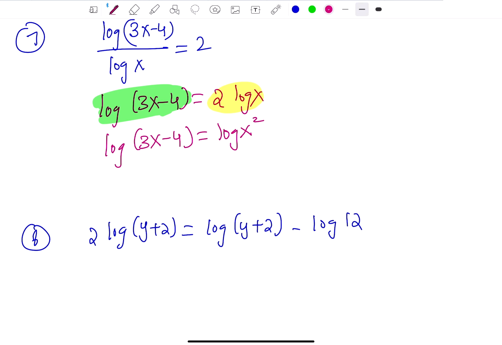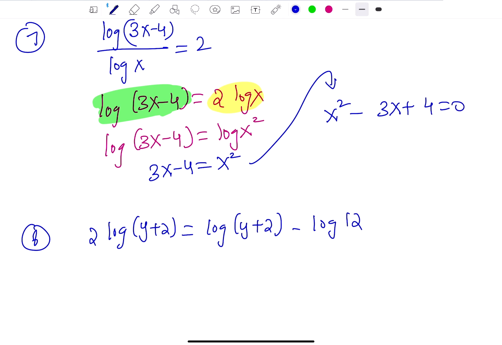Turns out to be log of x squared. Now we can use the one-to-one property, which says that if two output values are equal, then two input values are also equal. Let's bring everything to one side and factor and solve. X squared minus 3x plus 4 equal to 0. Now, let's see if it's factorable.